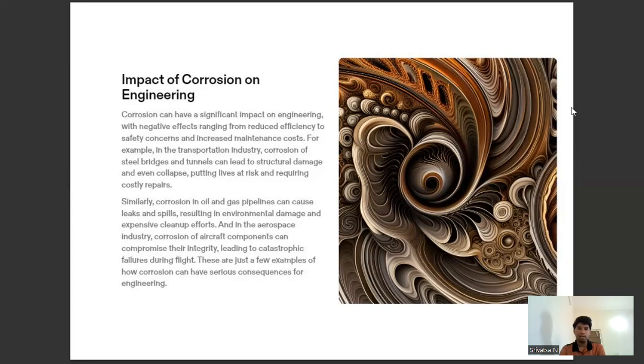Similarly, corrosion in oil and gas pipelines can cause leaks and spills, resulting in environmental damage and expensive cleanup efforts. And in the aerospace industry, corrosion of aircraft components can compromise their integrity, leading to catastrophic failures during flight. These are just a few examples of how corrosion can have serious consequences in engineering.